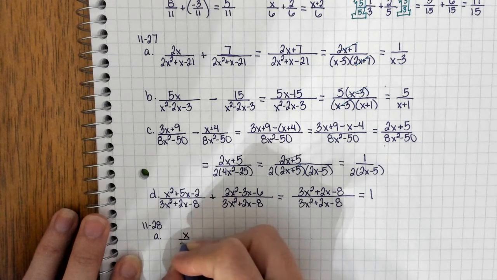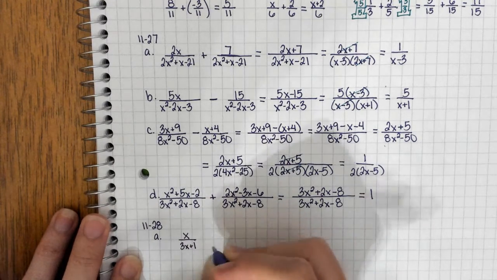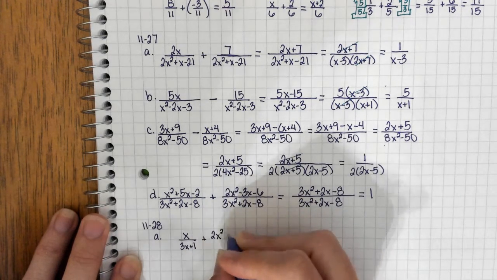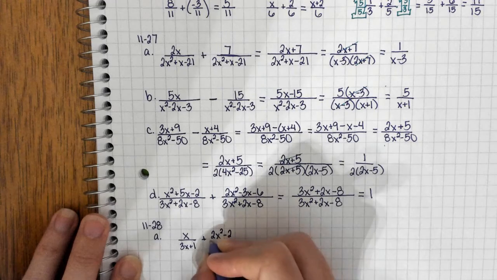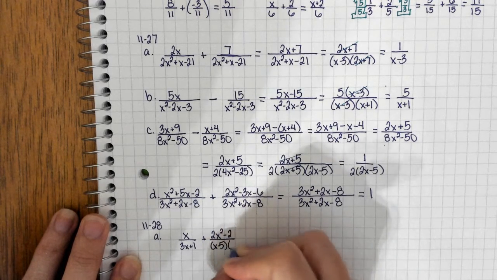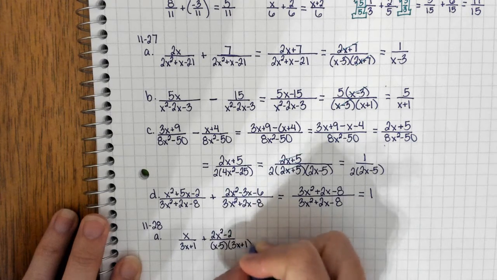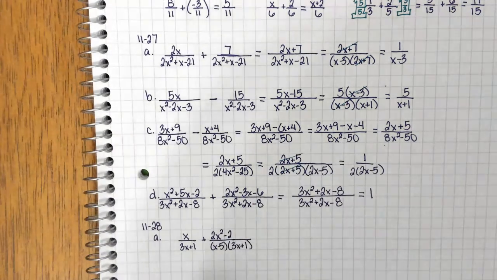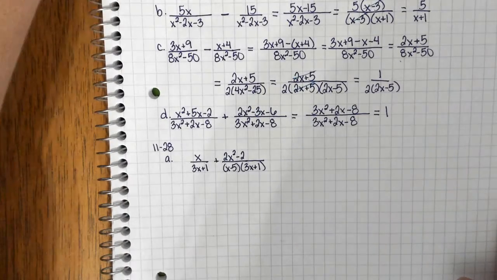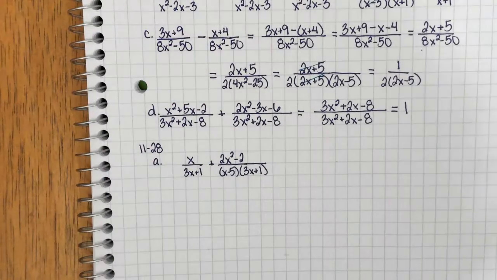x over 3x plus 1 plus 2x squared minus 2 over x minus 5 times 3x plus 1. So take a minute, look at both of these fractions. What do they have in common?